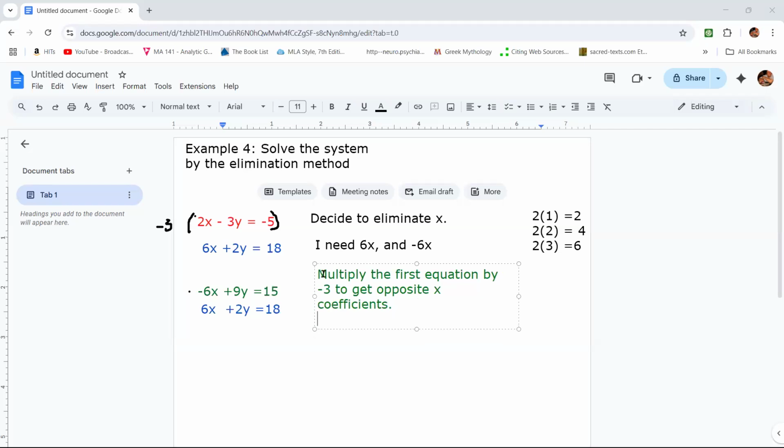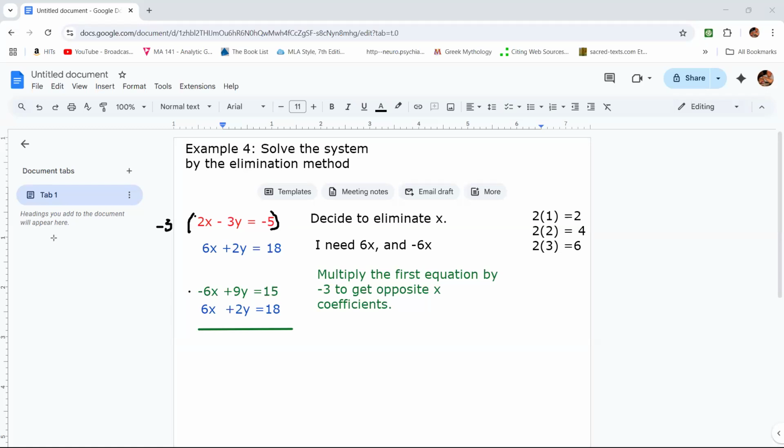Now I'm going to add or combine my equations. So let's go back to black here. And let's do this. Let me go ahead and draw a line.